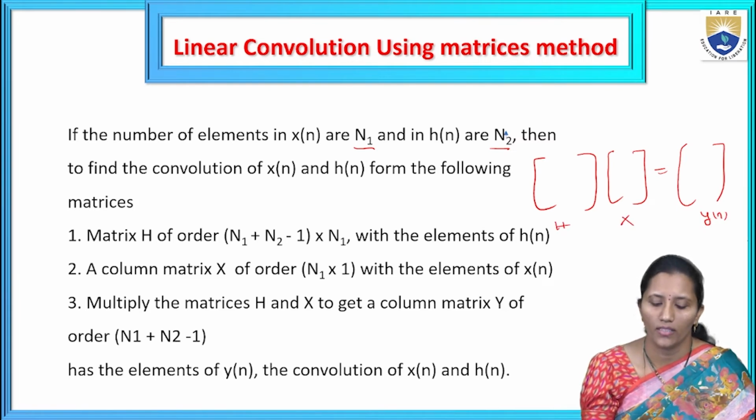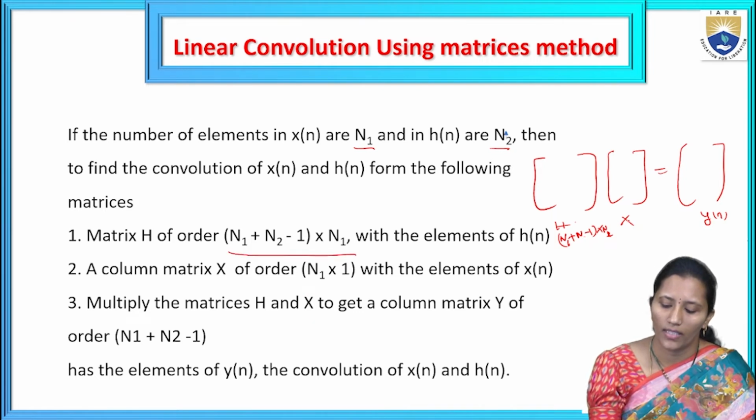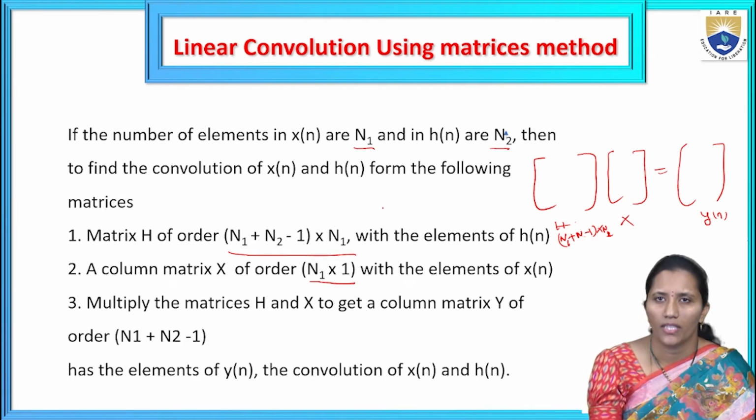How to write these matrices: the order of the H matrix will be n1 plus n2 minus 1 by n2, and the order of the column matrix, that is the x values, is n2 by 1. Here n1 is the number of elements in x of n.